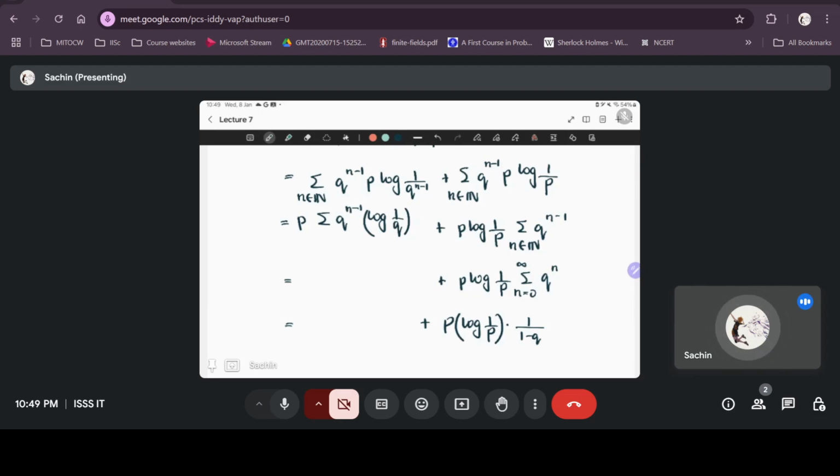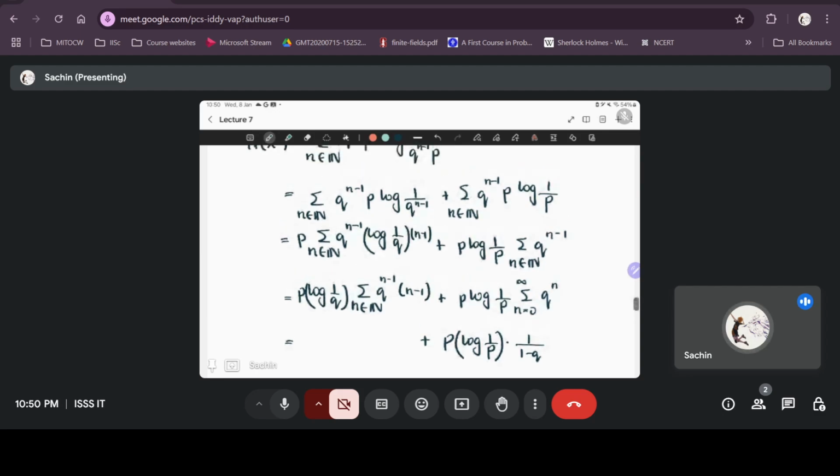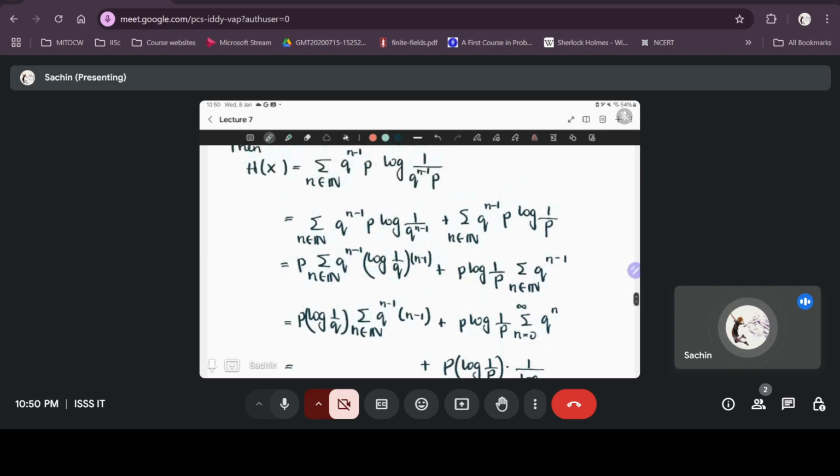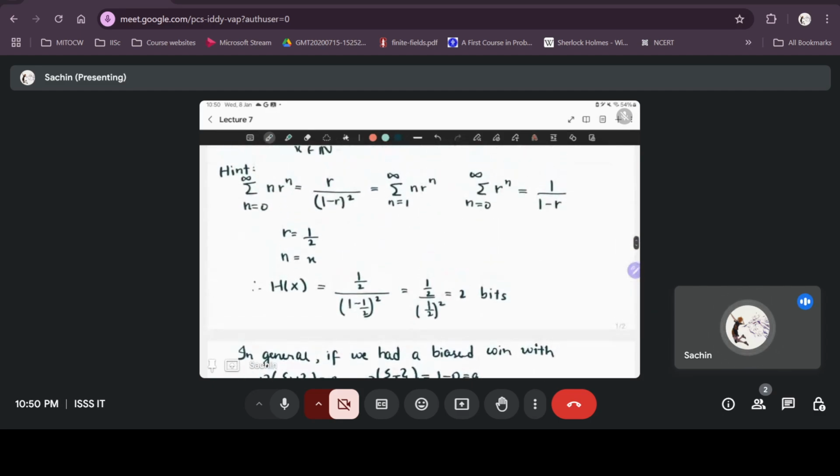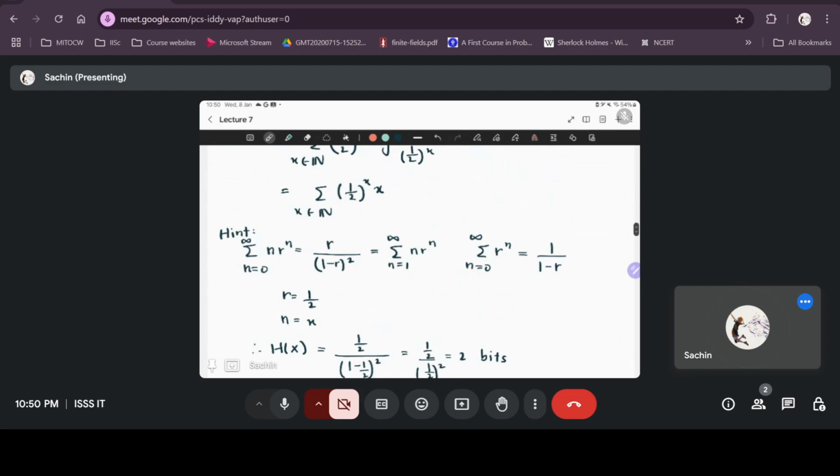Log of 1 over q power n minus 1 is nothing but n minus 1 times log of 1 over q. So this is n minus 1, where n goes over the set of natural numbers. I take out the log of 1 over q. I'm left with summation n in capital N q power n minus 1 times n minus 1. Now here, since n ranges over all natural numbers, n minus 1 goes from 0 to infinity.